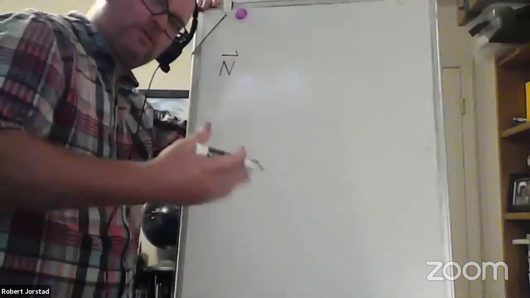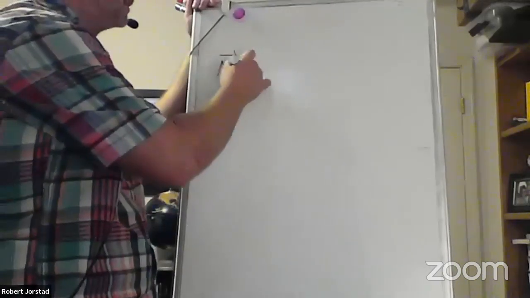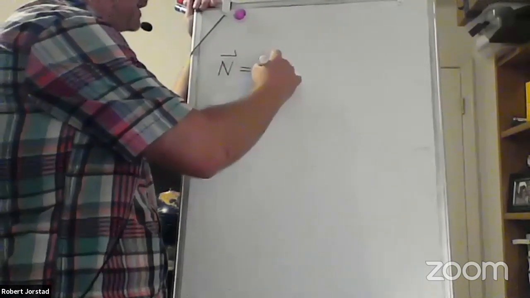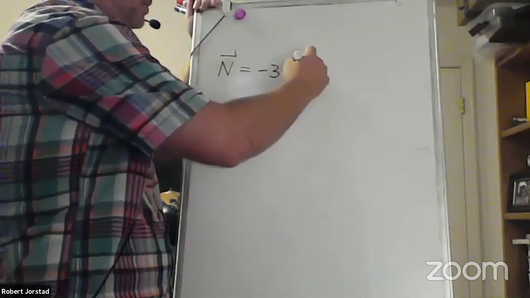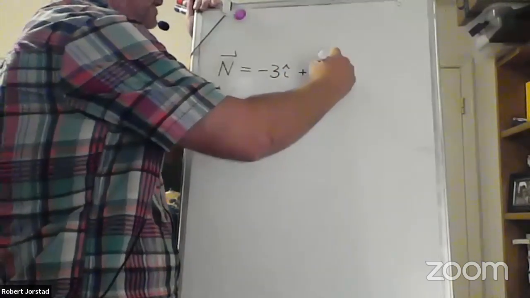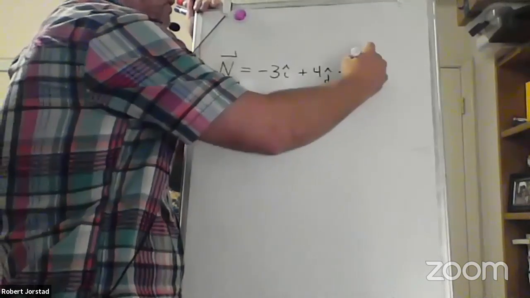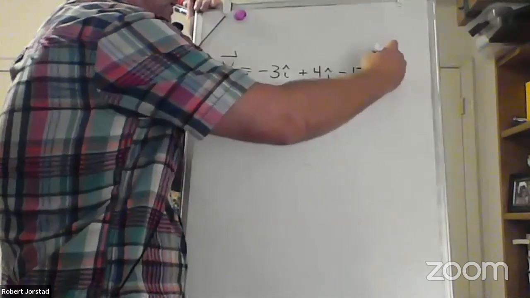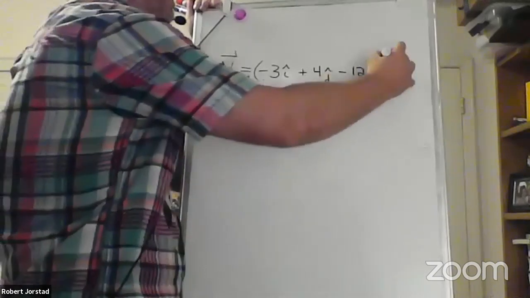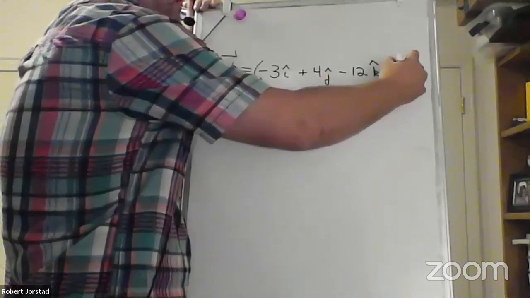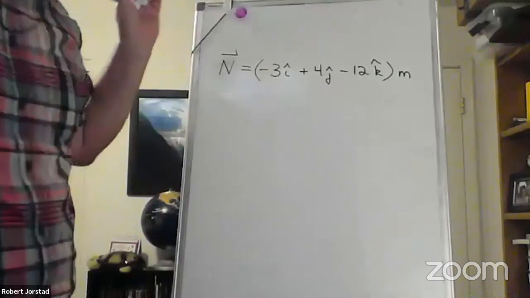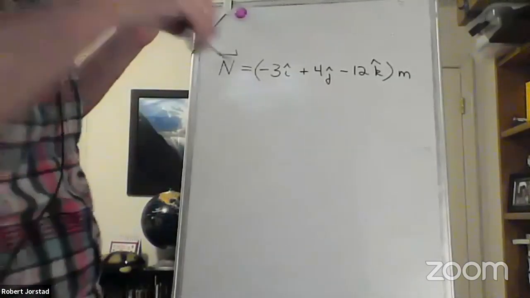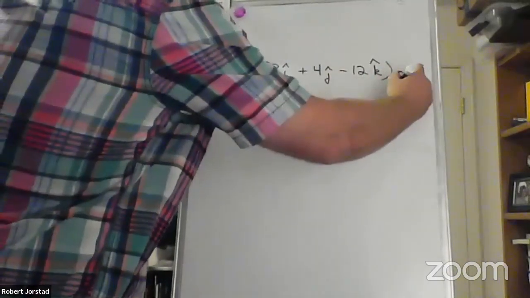Maybe it's a normal force vector or something. And let's say it's -3 in the i hat plus 4 in the j hat minus 12 in the k hat. Maybe it's a force, I don't know. Let's use meters per second for this one.